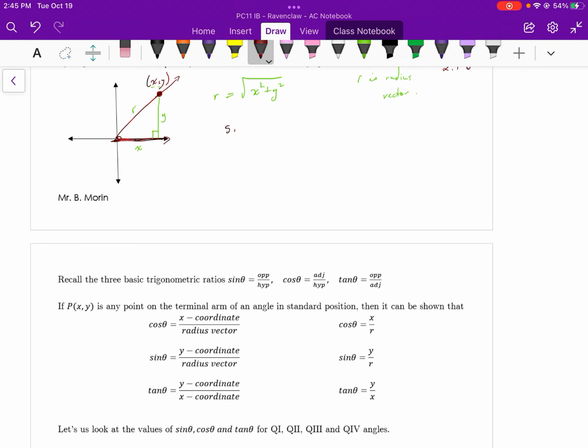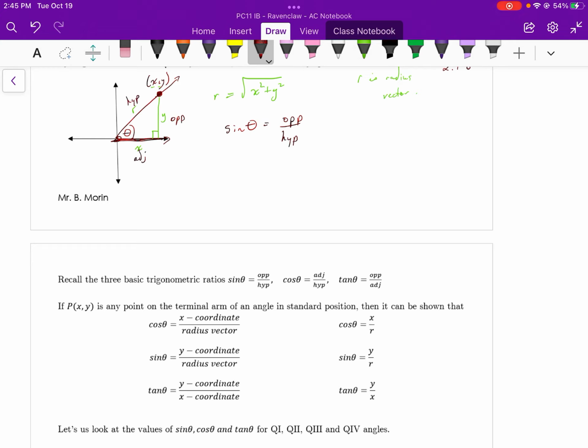So this picture here, I might use. I'm going to start with sine theta. Most times we like to think of sine theta as equal to the opposite over the hypotenuse. And if I'm calling this theta, theta would be in this corner, this side would be my opposite, this side would be my adjacent, just like labeling a right angle triangle.